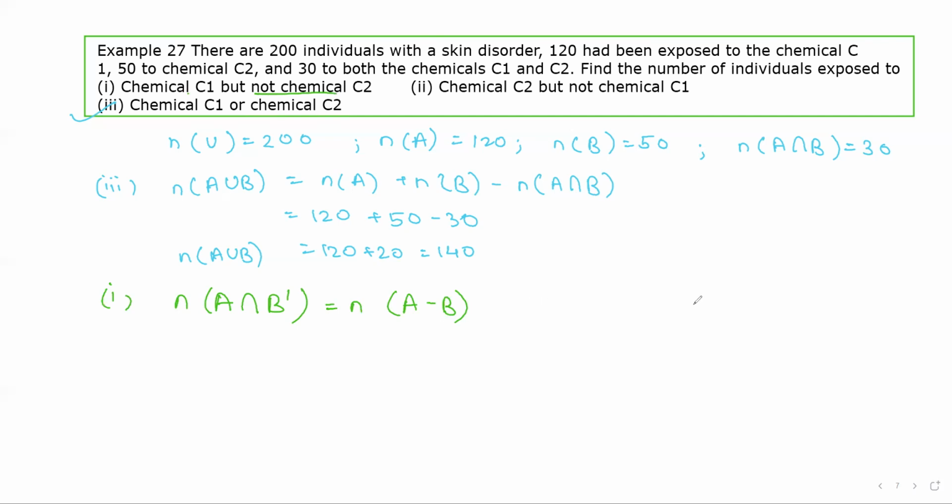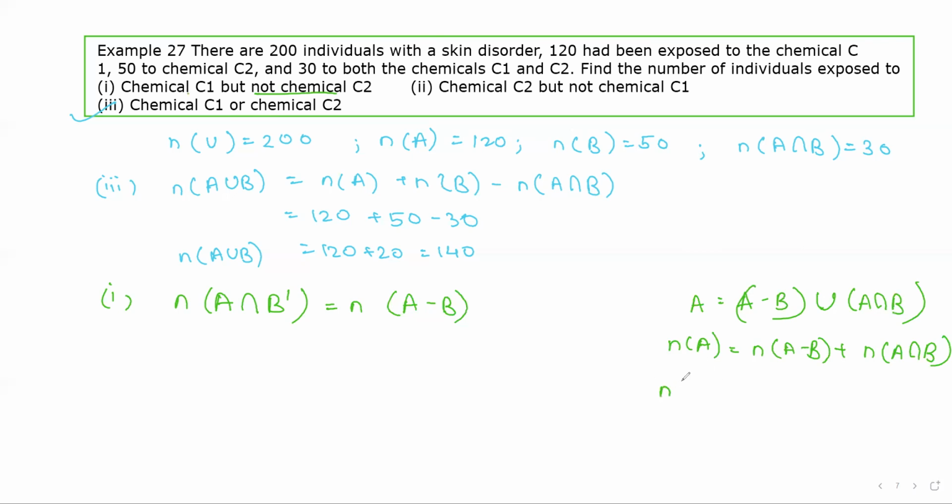We know that the whole set A can be formed by uniting A minus B with A intersection B. In terms of numbers, the number of elements in A will be the number of elements in A minus B plus the number of elements in A intersection B. We know that union is plus and in words it is or.